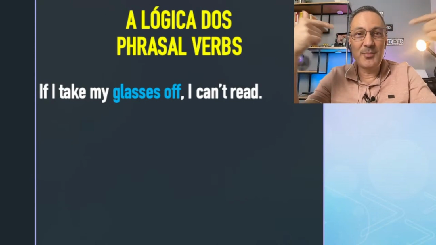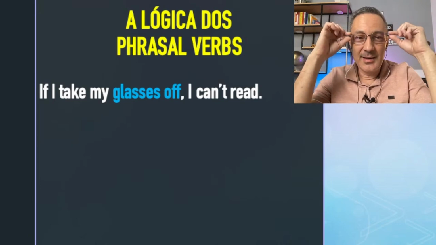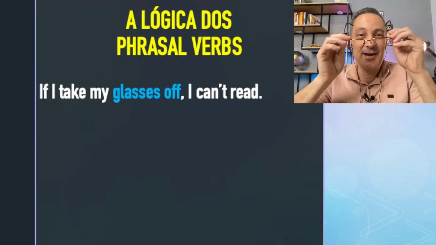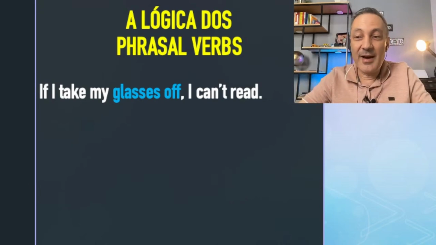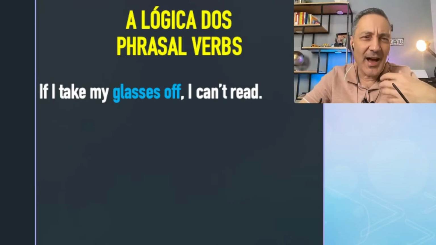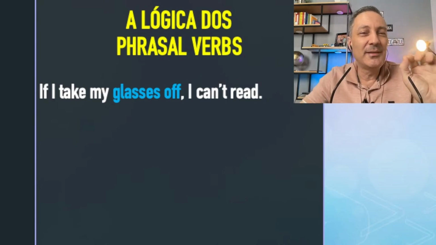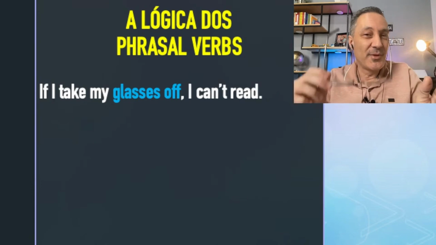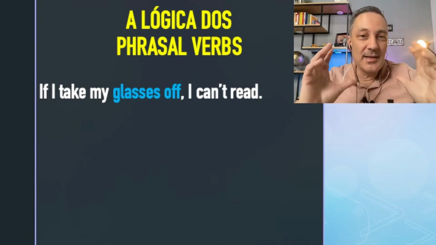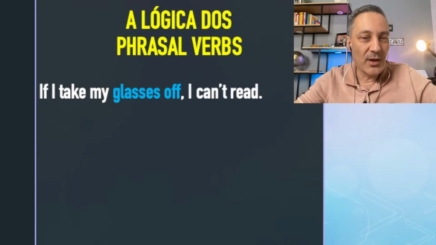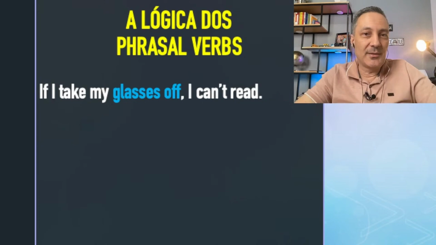I put my glasses on and I take my glasses off. If I take my glasses off, I can't read. Actually, I can read, but small letters would be a little bit uncomfortable without glasses. Anyway, the example is when I take off my glasses, or if I take off my glasses, I can't read.